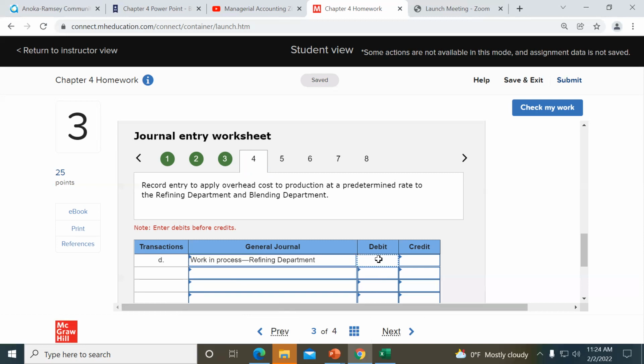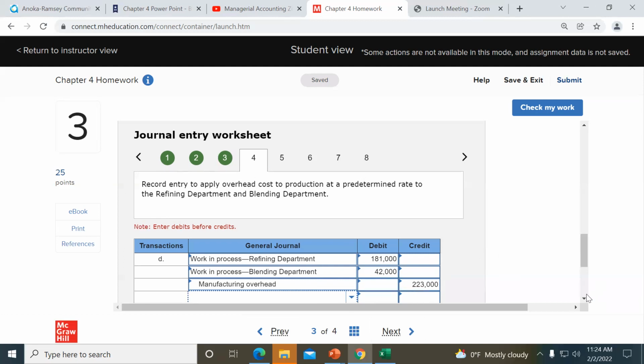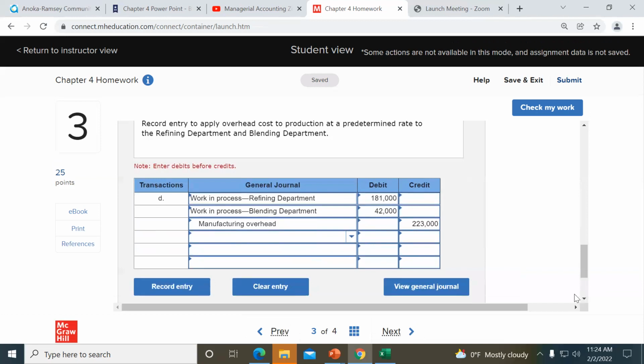Refining department, 181. Blending department. And this comes at credit for manufacturing overhead. Right?